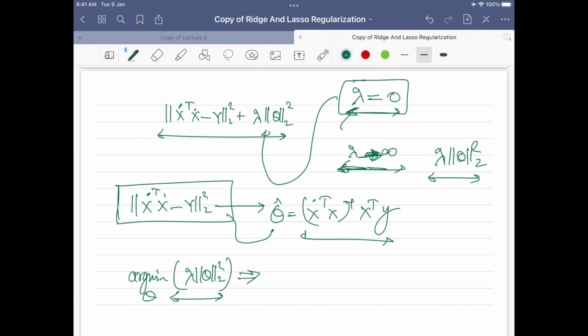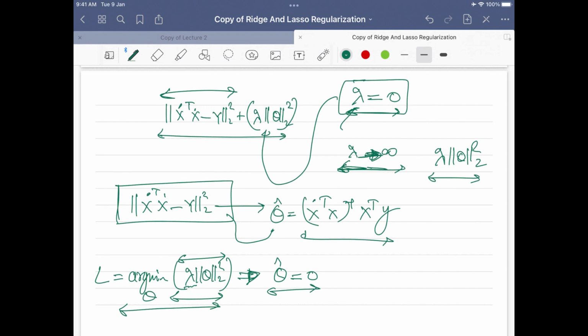It will give you a value of theta equal to 0. Theta estimate is equal to 0. All the values of theta that you have will become 0, because you are minimizing this cost function where lambda is very high compared to the first term.